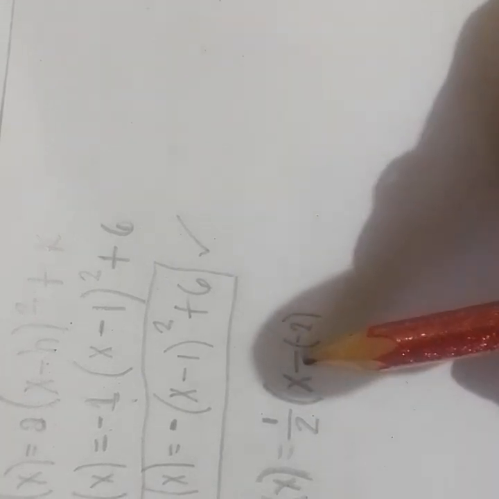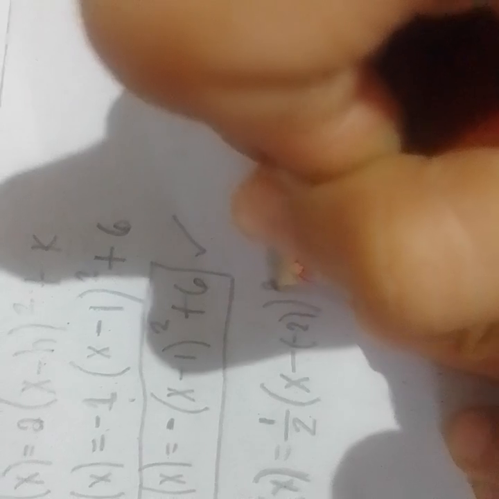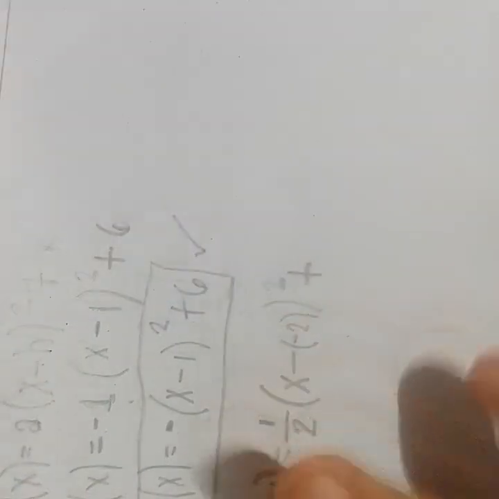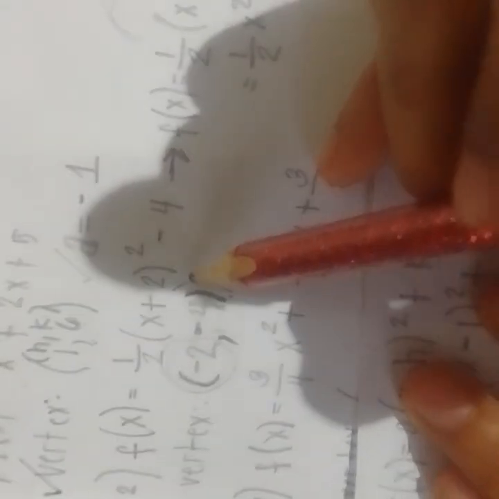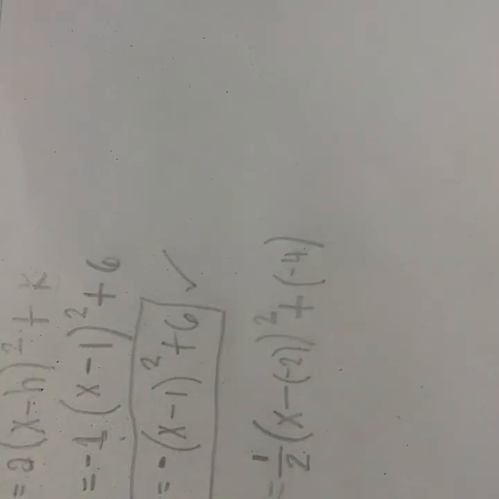Raised to the power of 2, plus the k. What is our k? Your k is negative 4. I put parentheses to distinguish the values, because two signs will be together. Now we will simplify the parentheses and the plus in our vertex form.